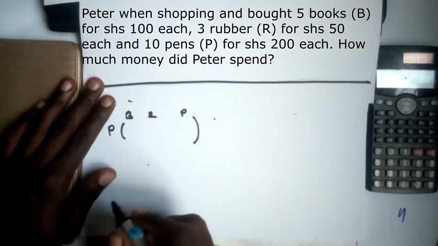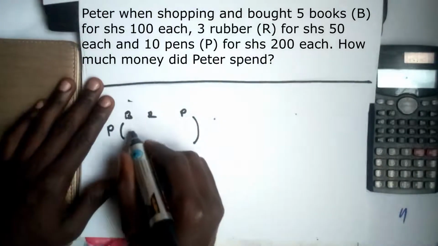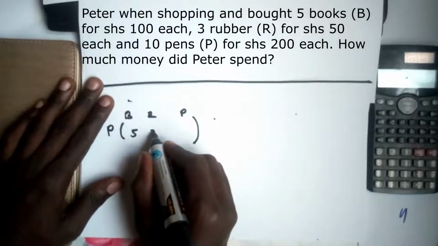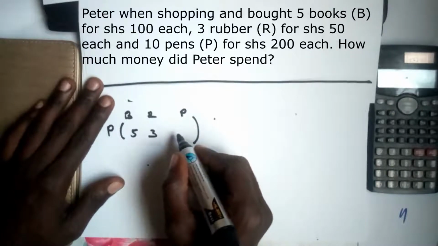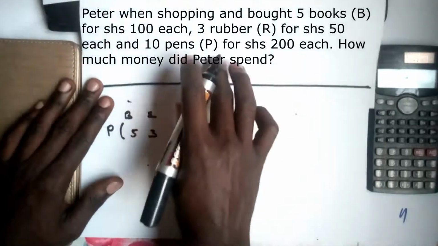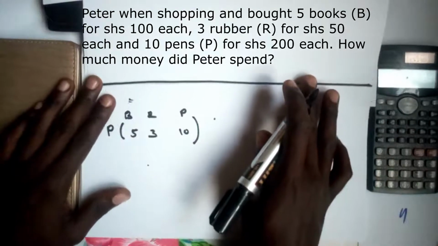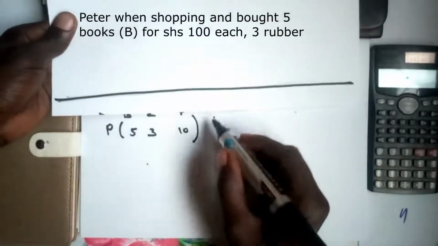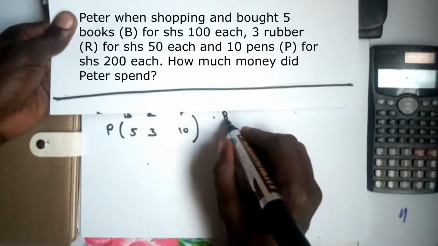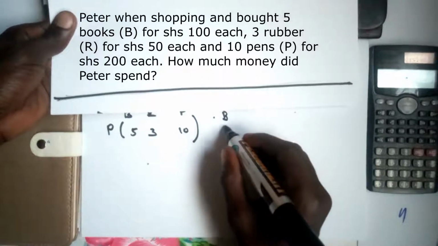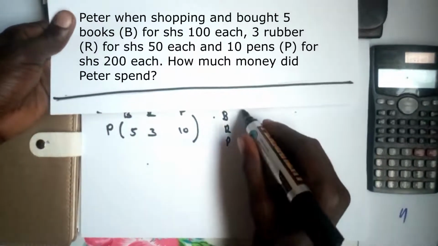So he bought 5 books, he bought 3 rulers and he bought 10 pens, just from the question. So we form a price matrix whereby we have books, rulers and pens.